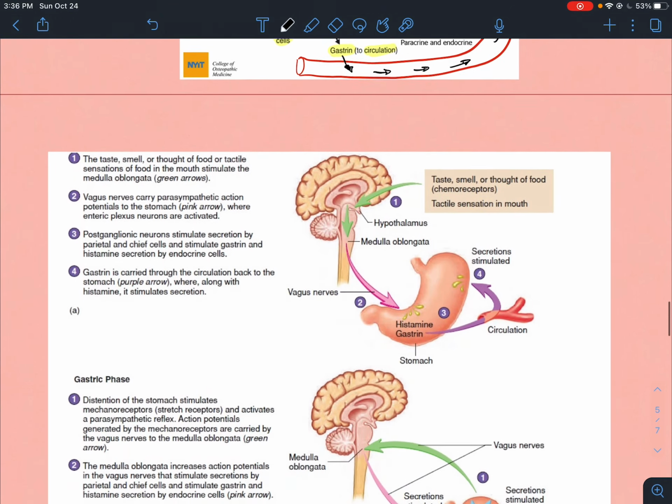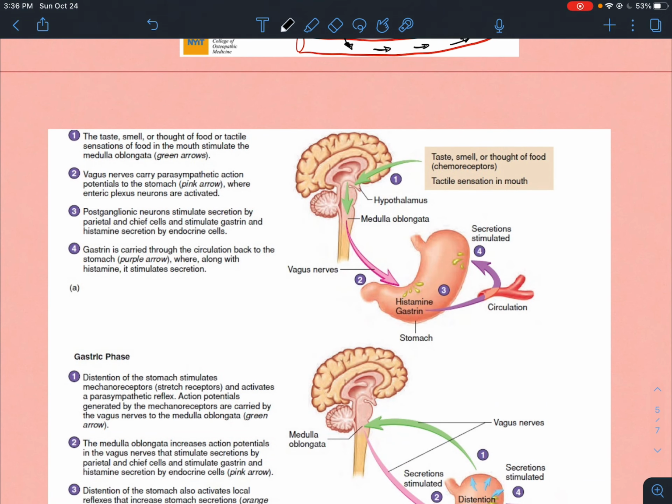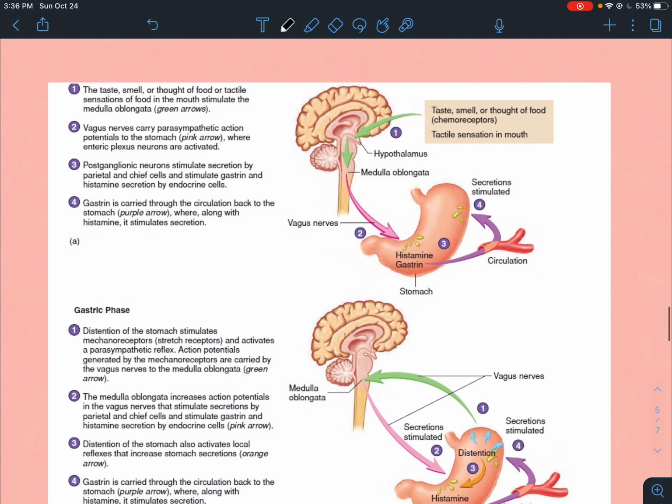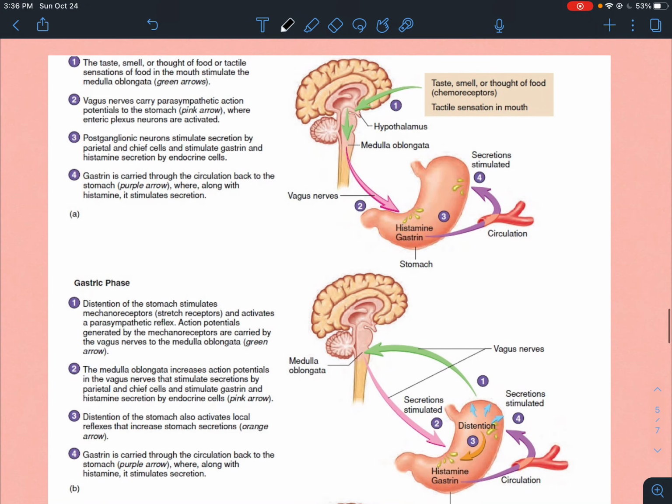Let's take a bigger view of this to see how it could work. Notice that the brain is a big part of this as well. The taste, the smell, or even the thought of food, or tactile sensation of food in the mouth, in other words, feeling food in the mouth, will stimulate the brain.